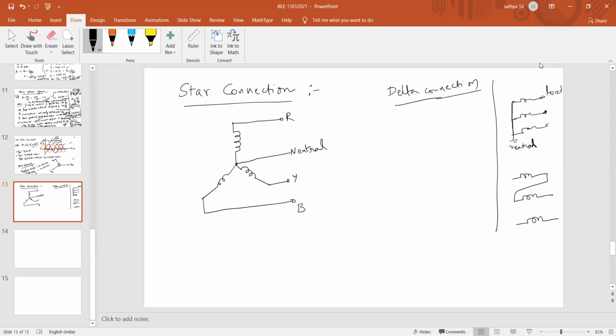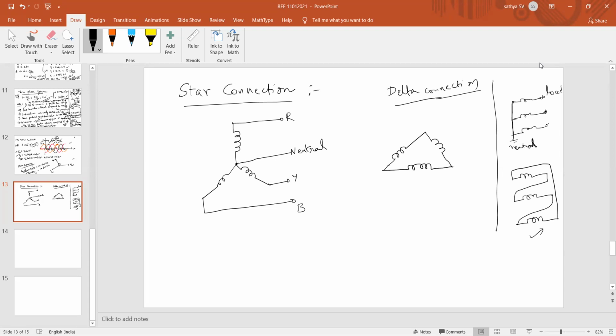Similarly, the second one's terminal end is connected to the third one's initial end, and the third is connected back to the first one's initial end. This is the general wiring diagram in real time. For theoretical expressions, we redraw the same connection in a triangle, that is, delta mode.